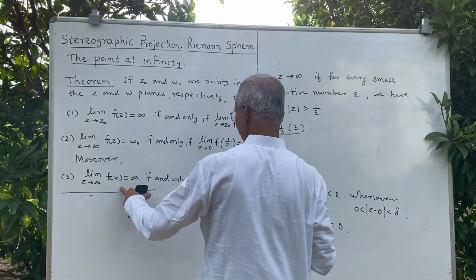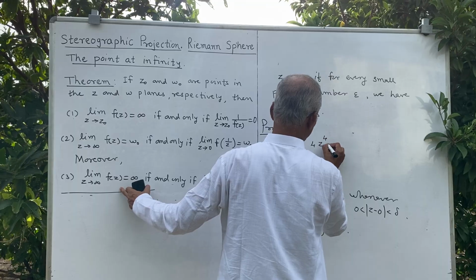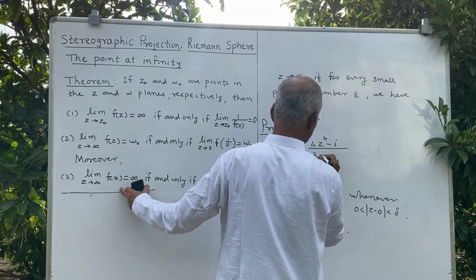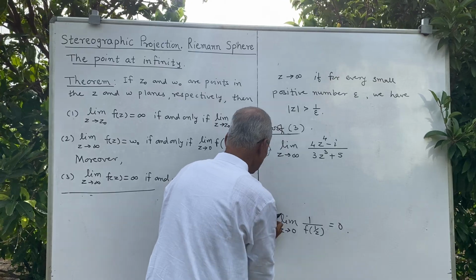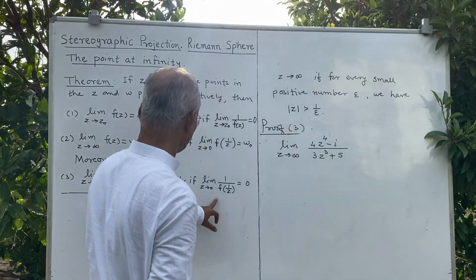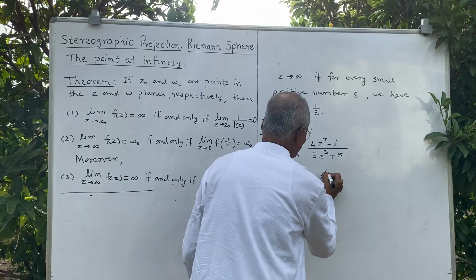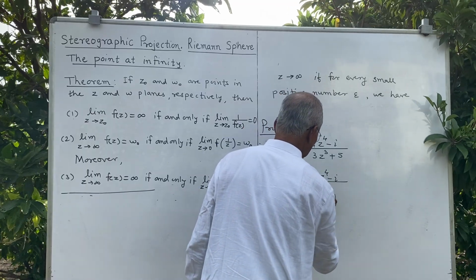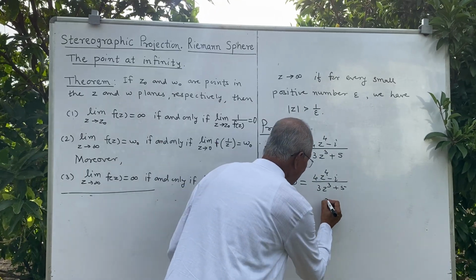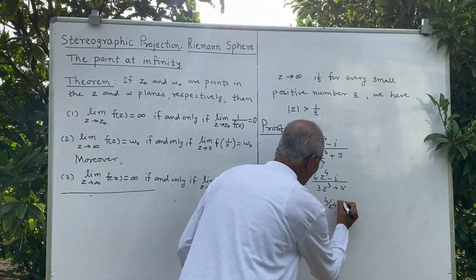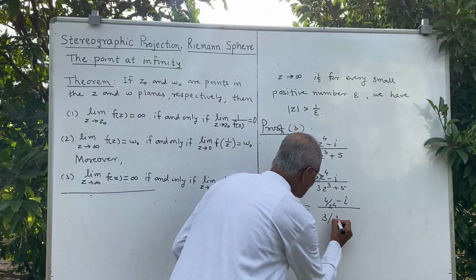We will write, say, the limit as z tends to infinity of 4z raised to 4 minus i divided by 3z cubed plus 5. We want to find this, and to obtain this result we shall obtain the limit of 1 upon f of z. Here f of z is 4z to the power 4 minus i divided by 3z cubed plus 5, and therefore f of 1 upon z, replacing z by 1 by z, is 4 by z raised to 4 minus i divided by 3 divided by z cubed plus 5.